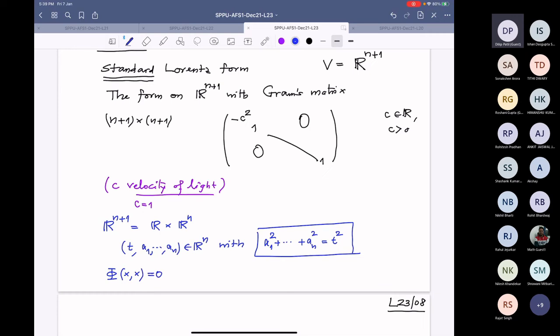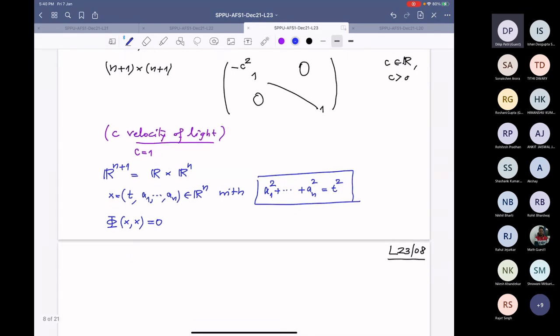You compute phi(x, x) using this matrix, where this is your x. You know the values, so you compute that. And then you will see phi(t, t) will come and the others are perpendicular, so you come back to this. So this is precisely the light cone.